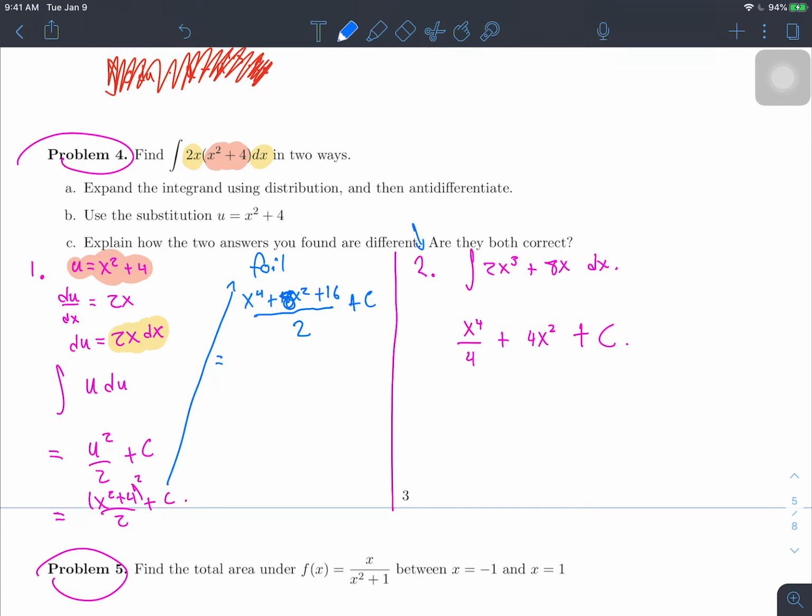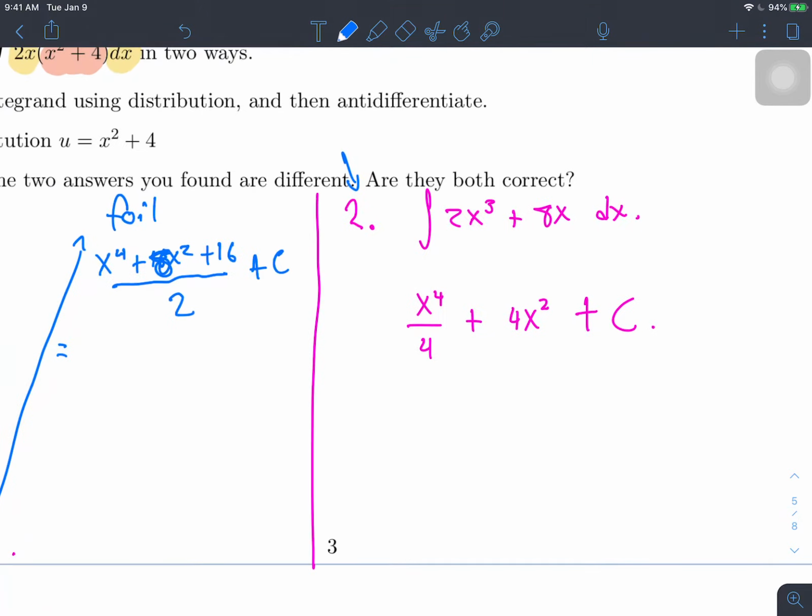something's gone wrong. I made a mistake here. When I raised this power to 4, it should have become 2 times x to the power 4 over 4. 2 divided by 4 gives us a 2 in the denominator.